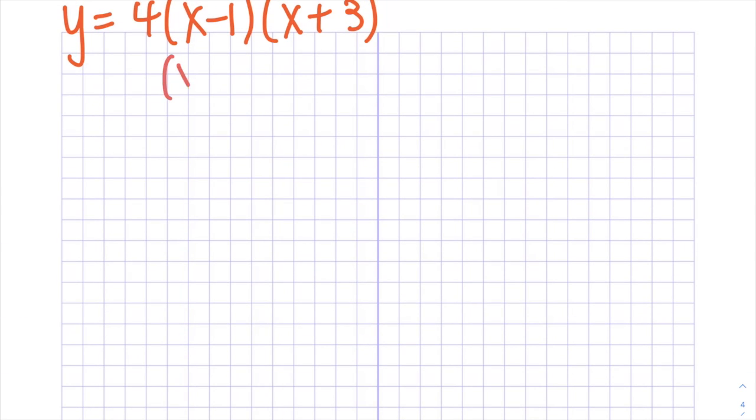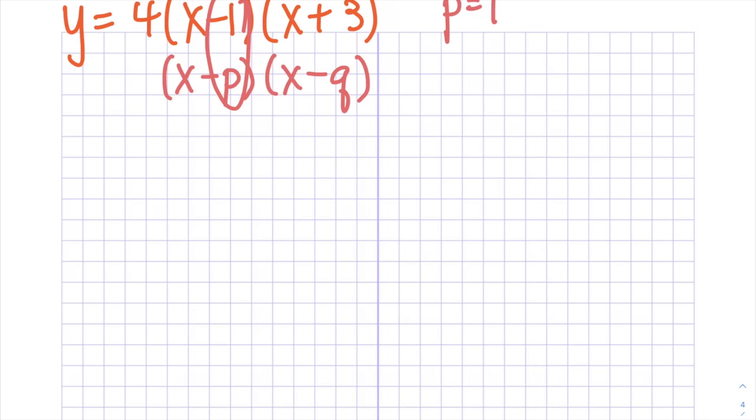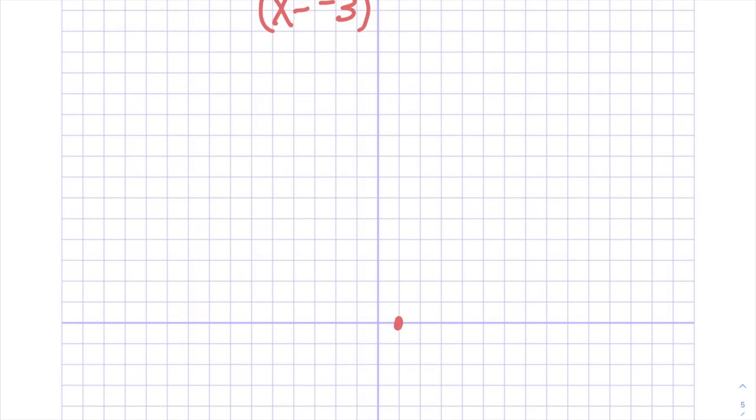So remember it was the form x minus p, x minus q. So here we see that p is 1, but q is really negative 3, x minus negative 3. So these are x-intercepts, 1 and negative 3.